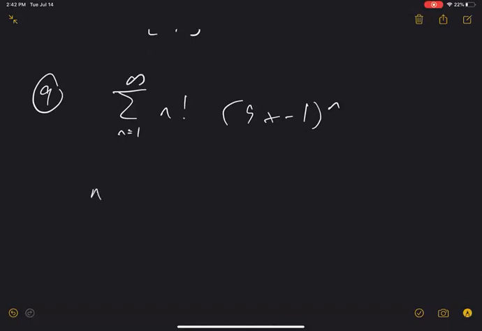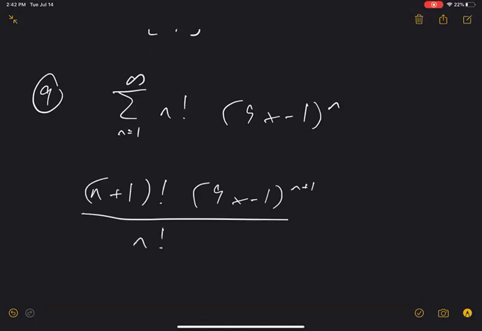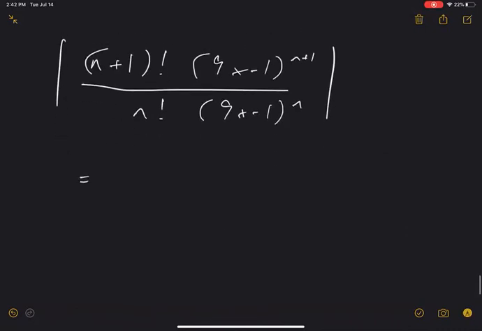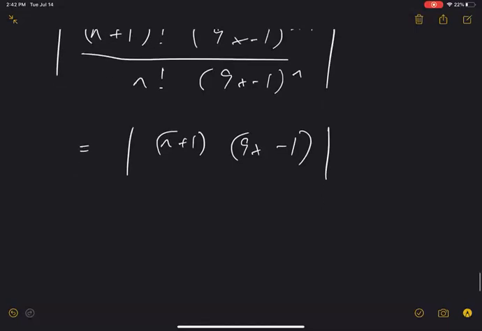I do a ratio test, I simplify, and I get this thing. So for what x's is this limit less than 1? Is it ever possible? Well, let's see.